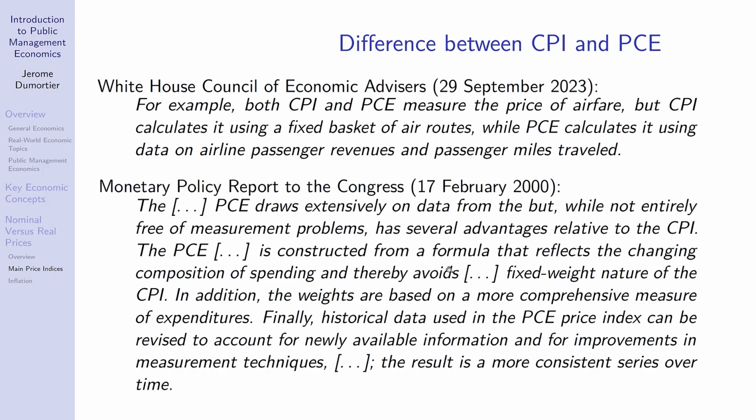For example, the CPI uses a fixed basket of air routes for airfare, whereas the PCE uses passenger revenues and miles traveled to calculate the cost associated with air travel. The PCE is generally broader, using more comprehensive data and allowing for revisions. This makes it a more consistent time series, and hence, this is also why central banks prefer it over the CPI.